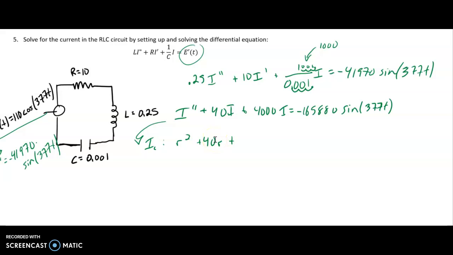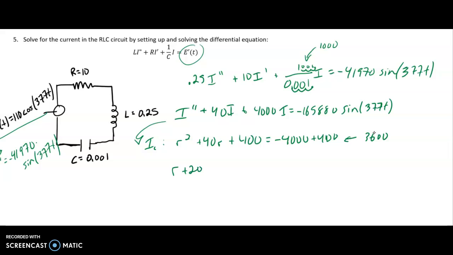Divided by 2 is 20, and then square that and I get 400. And then equals, if I do negative 4,000, so move that over, plus my 400, this is going to simplify to 3,600 over here.